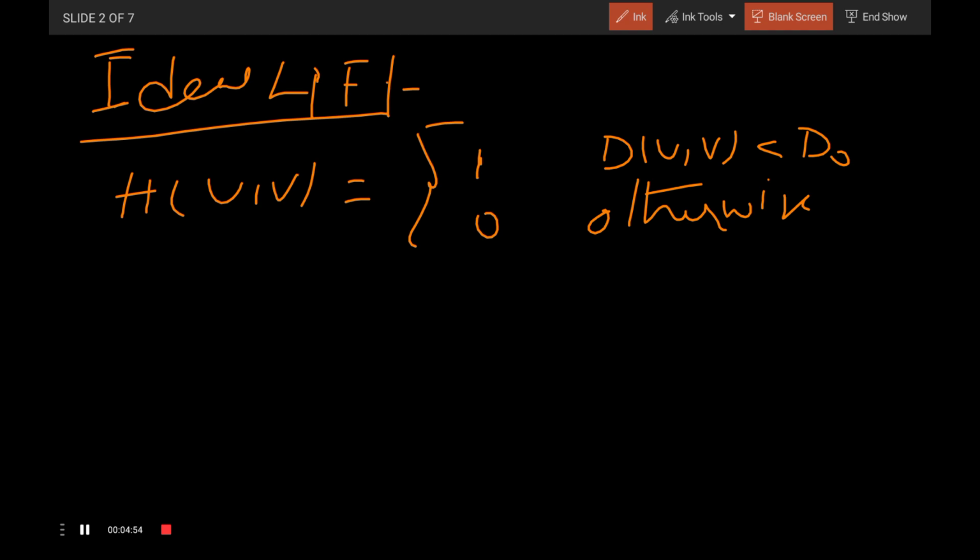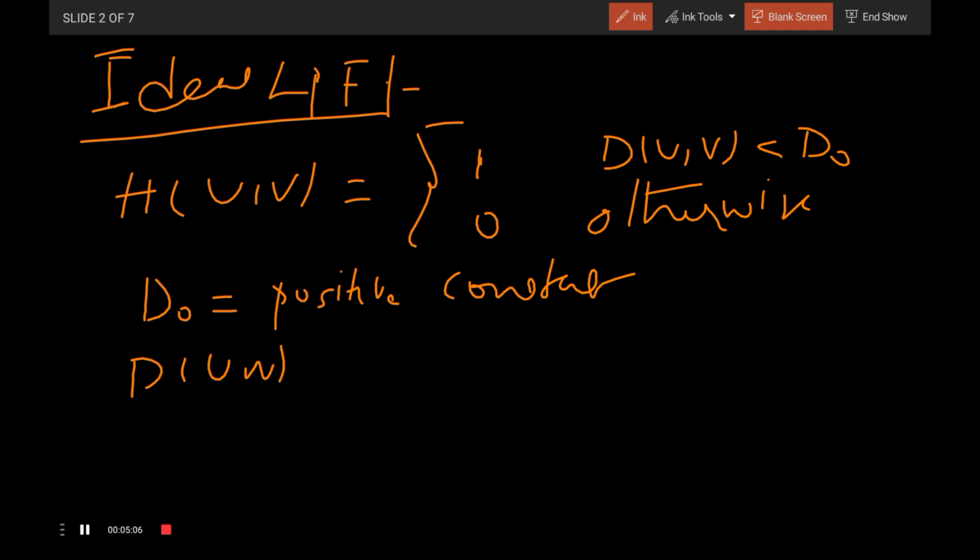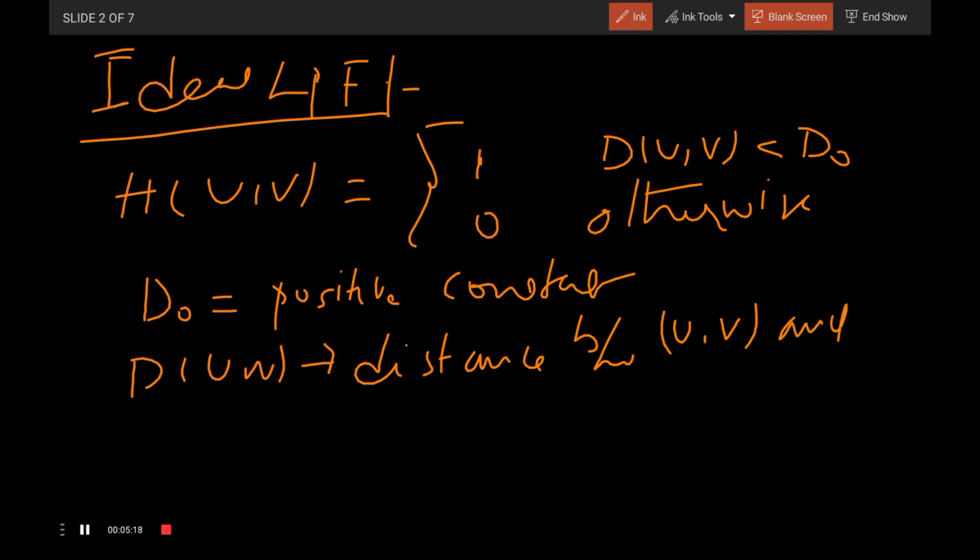Here D naught is some positive constant, and D of u comma v is the distance between u comma v and the center of the frequency rectangle.